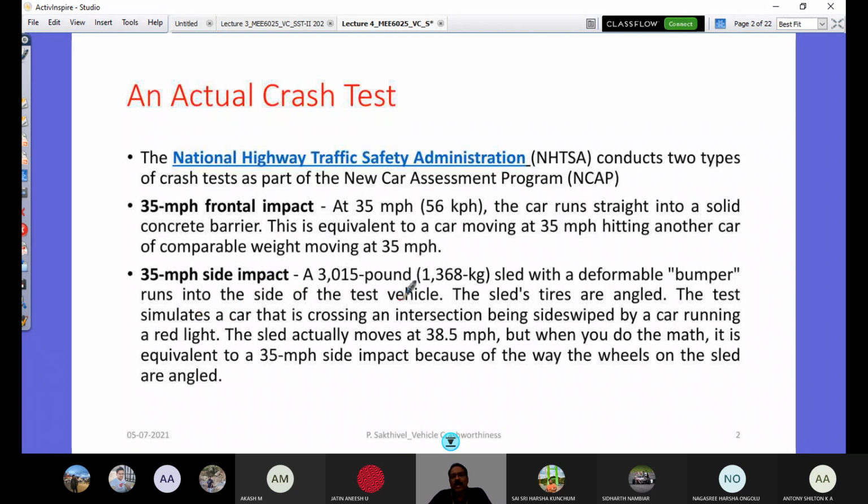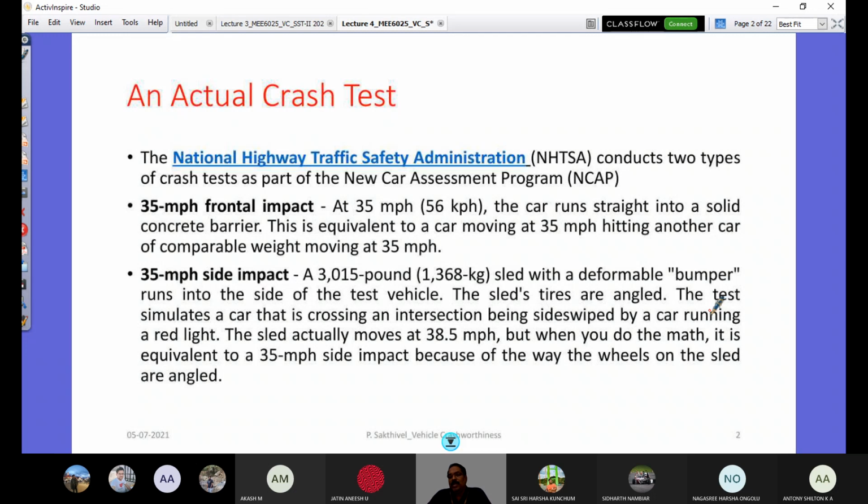It is basically a 3015 pound sled. The sled is another vehicle, not a real car. A barrier vehicle with a deformable bumper runs into the side of the test vehicle. Why is this test conducted? It is to simulate a scenario where the sled's tires are angled. It's not straight, it's angled.